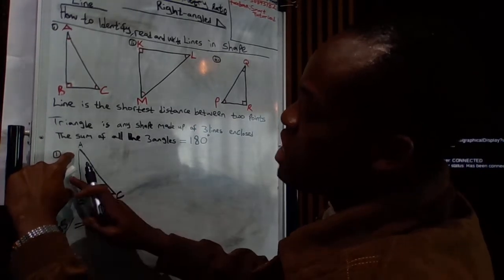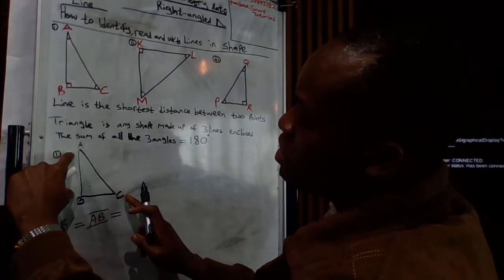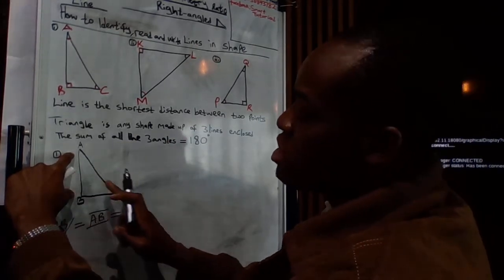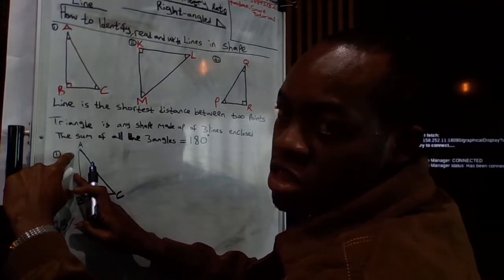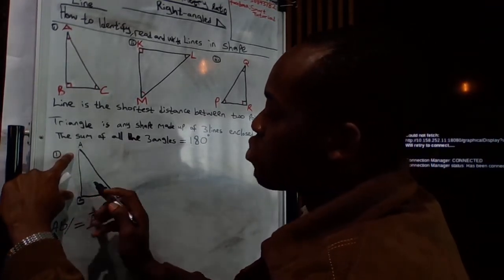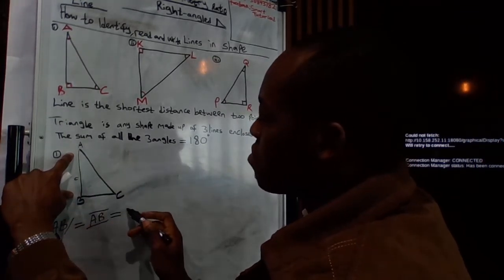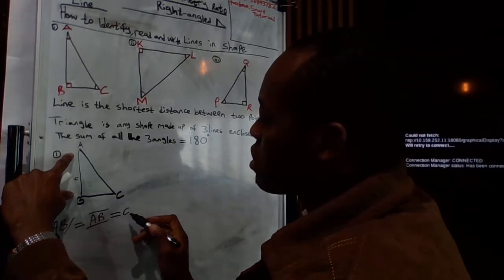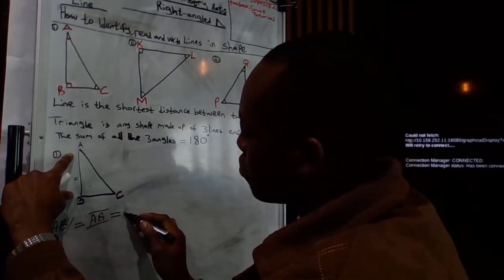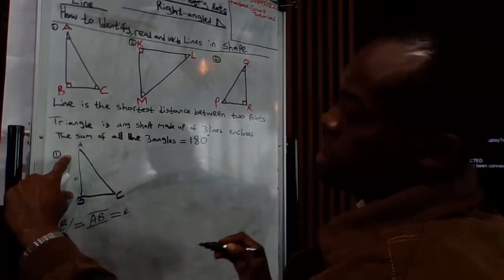If you look at it, the AB is facing capital letter C. That means this place facing the C is small letter C. That is, line AB is still the same thing as small letter C. Are we together now?